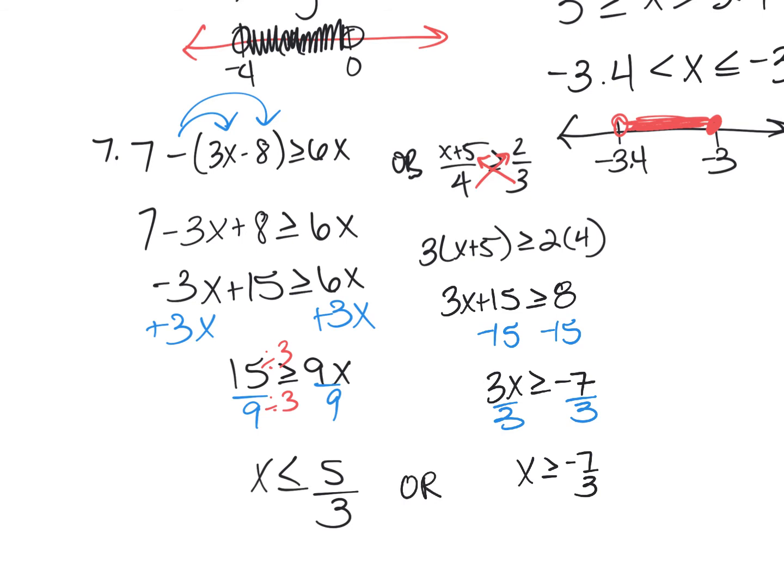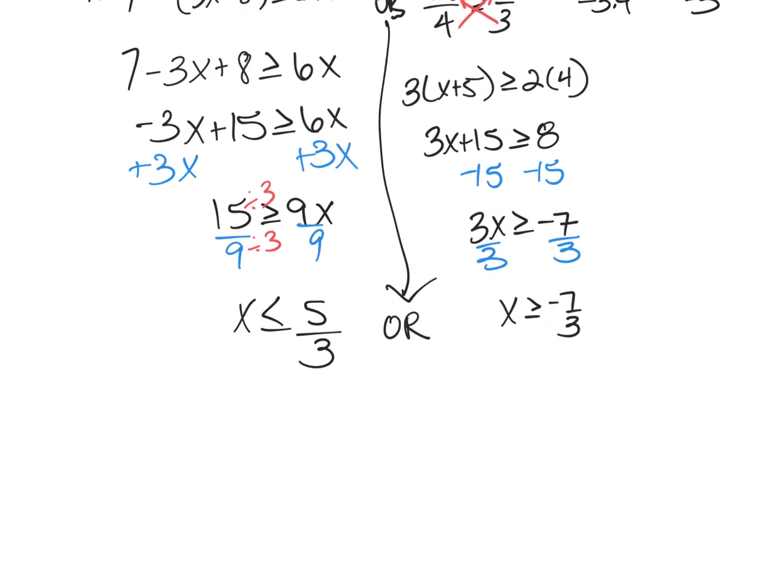And this is an OR. Bring down the word. So when I put this on a number line, negative 7/3 is first, right? Negatives are always before positives. And 5/3 is second.